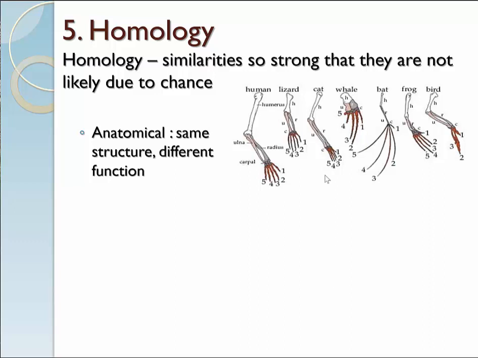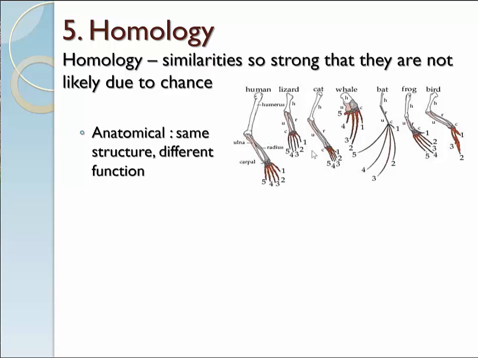If you look at the forelimbs of humans, lizards, cats, whales, bats, frogs, and birds, and many, many others, in fact all vertebrates, including Tiktaalik, they will have the same bones in their forelimbs. All of these creatures have the same bones, arranged in the same way. The shape varies a bit, but they're still the same bones, and they're used for different purposes.